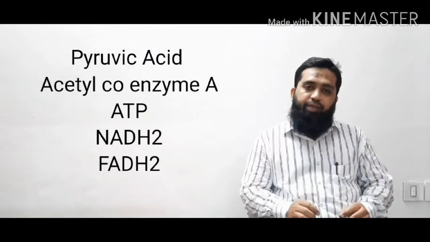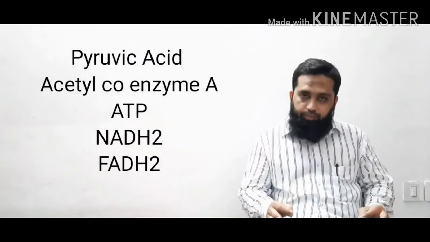This takes place in the cytoplasm, and the process is called glycolysis. So what is glycolysis? The breakdown of the glucose molecule in the cytoplasm, resulting in the formation of these molecules: FADH2, NADH2, ATP, very important. We'll discuss ATP. Its full form, just listen, is adenosine triphosphate.